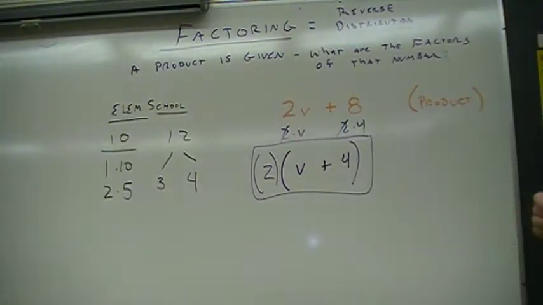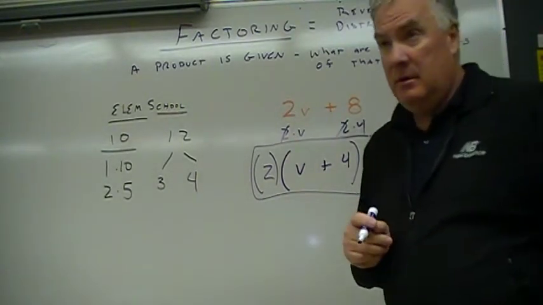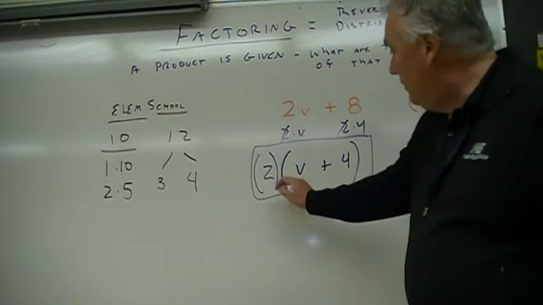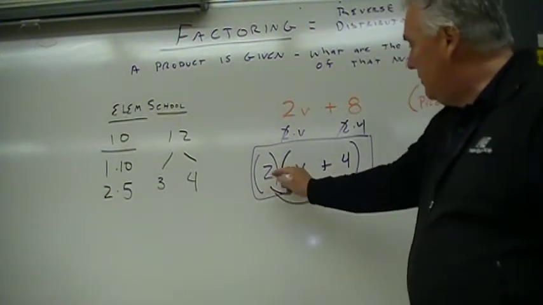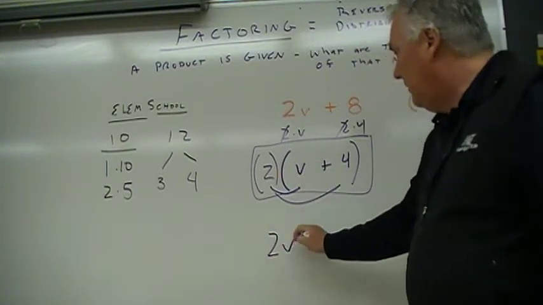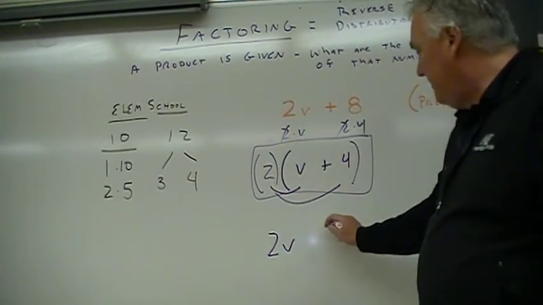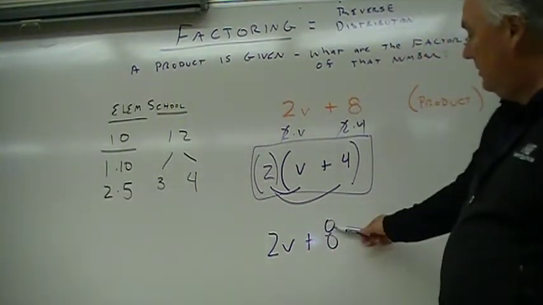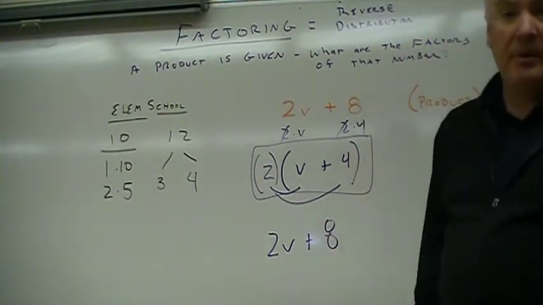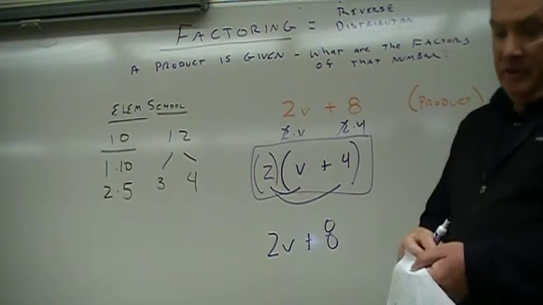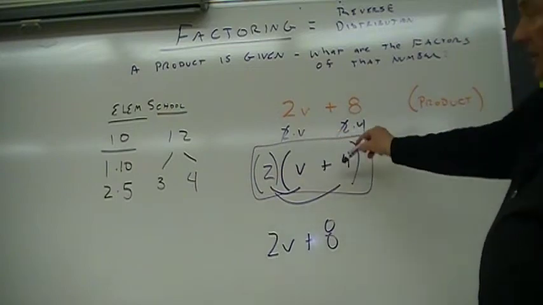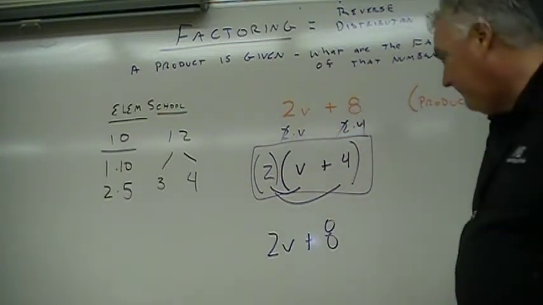So it is going in reverse. And a good thing about factoring is you can always check your answer. Do a distribution. What's 2 times v? 2v. What's 2 times 4? 8. Joined by addition. Oh, this and this match up. So one way that you can always tell if you're doing it right is to do that distribution again to check. Okay?